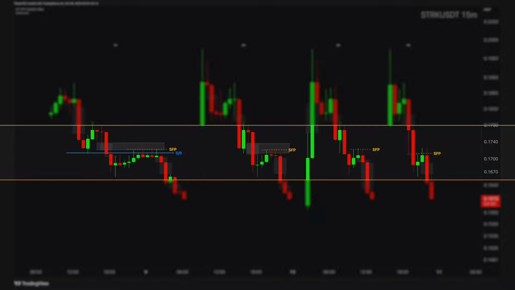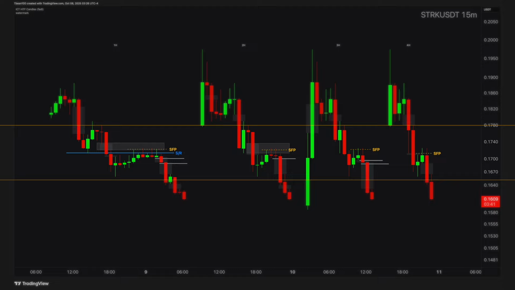And if a strong breakout happens right after a swing failure pattern, like the one we are seeing here, that usually means sellers have taken full control again. At that point, the price is either about to crash or has already started dropping really fast.